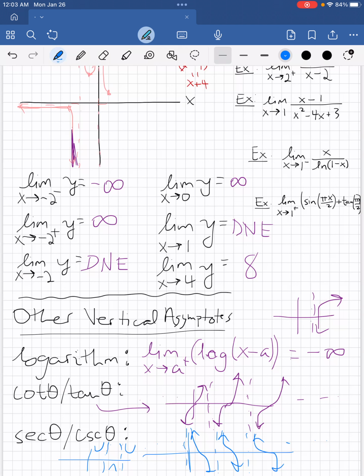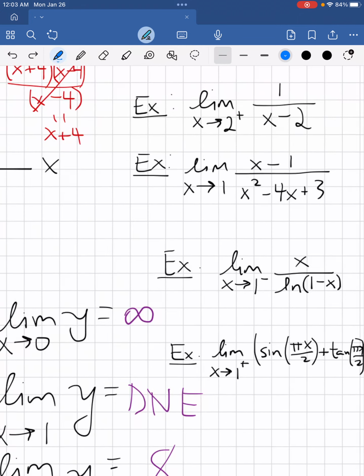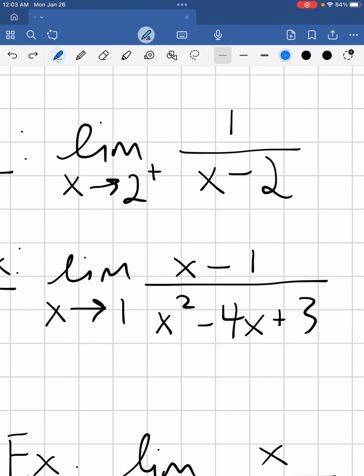And with that, we'll look at some examples of just evaluating some limits. So first up, we've got the limit as x approaches 2 from the right of 1 over x minus 2. So here's the idea with this one. If I plug in numbers that are slightly greater than 2, I'm getting a denominator that is positive, right? So 1 divided by a positive number gives me a positive number. 1 divided by a very, very, very small number gives me a very, very, very big number, right?